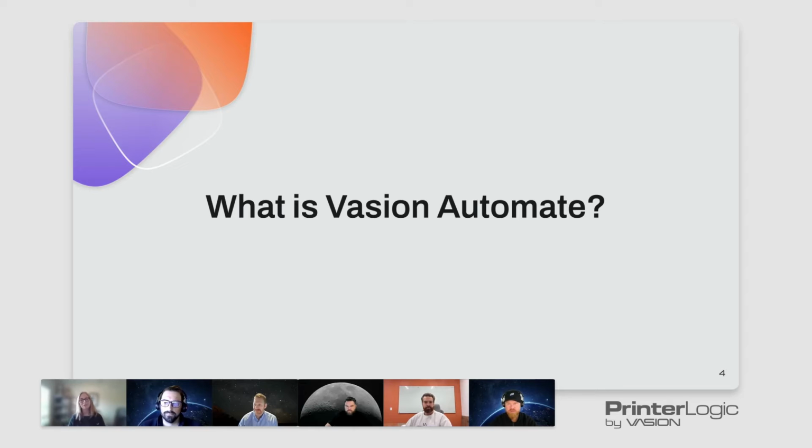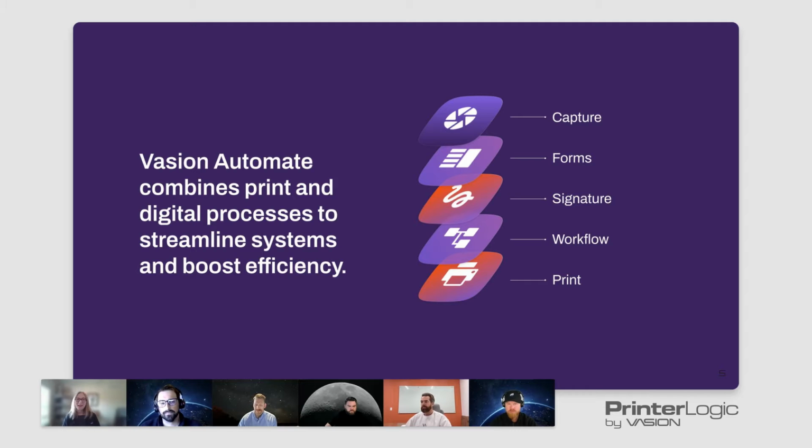Well, here at Vasion, we really want to help enable our customers to have the ability to digitize and automate your everyday processes. And to do that, Vasion Automate combines print and digital processes to streamline those systems and boost efficiency. And we do this with products like Capture.